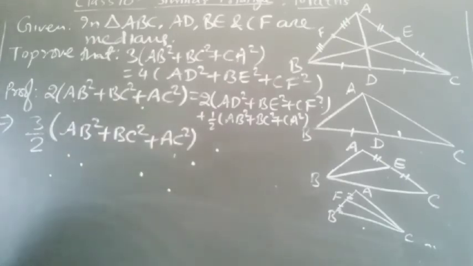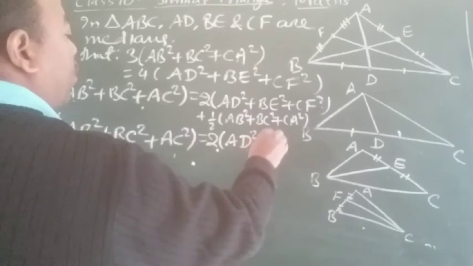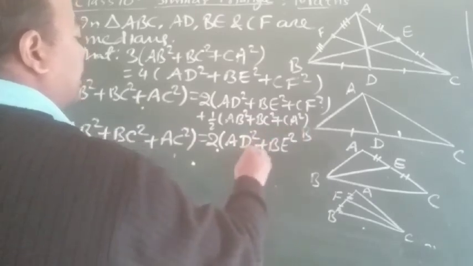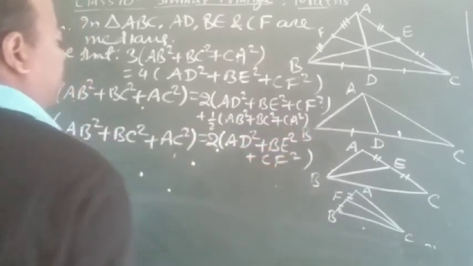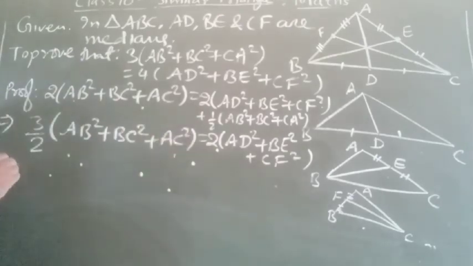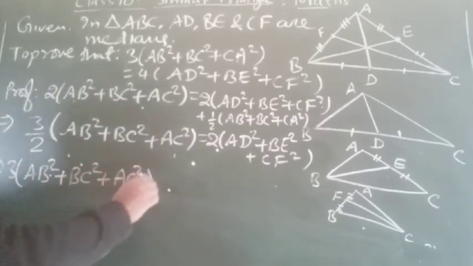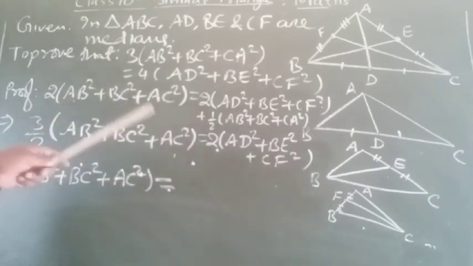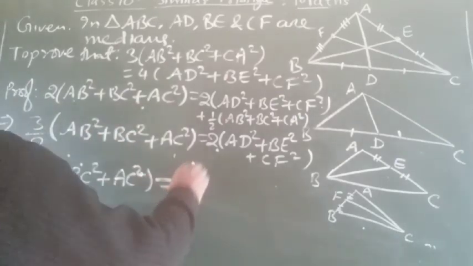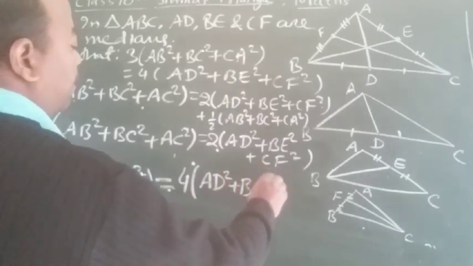Now multiplying these two, we get 3 times AB square plus BC square plus AC square equals 2 times 2, which is 4 times AD square plus BE square plus CF square.